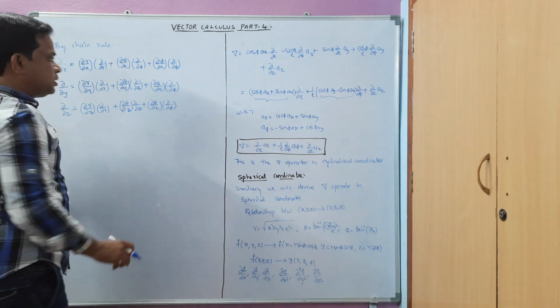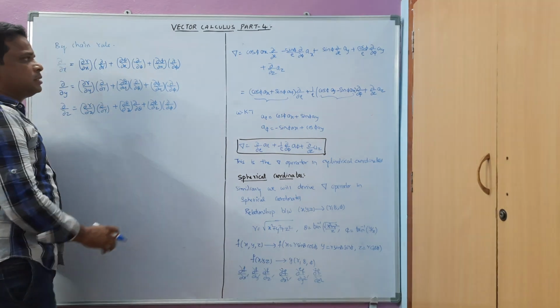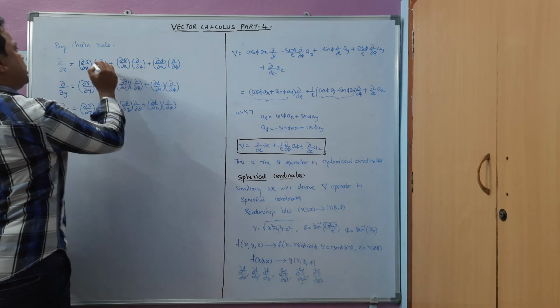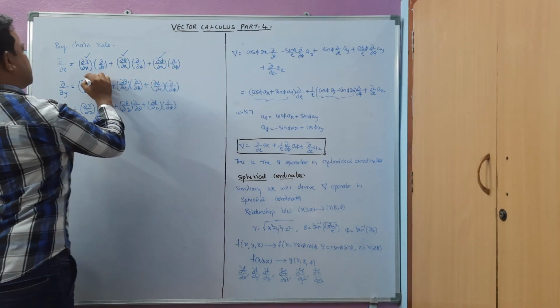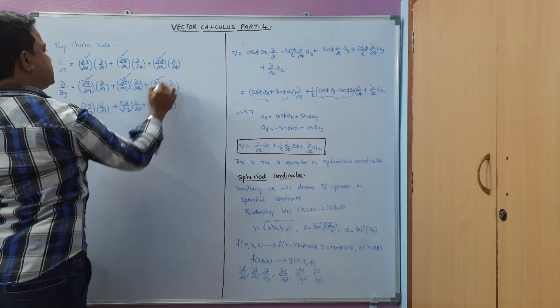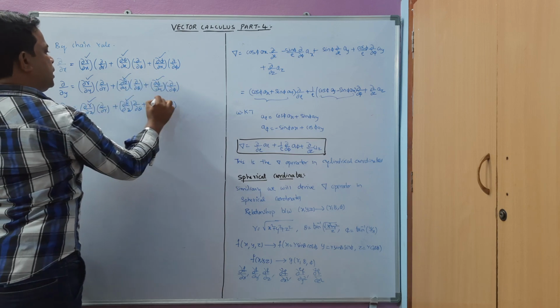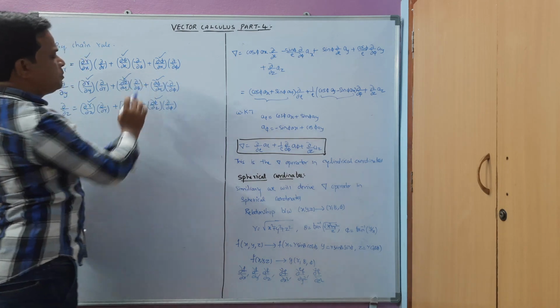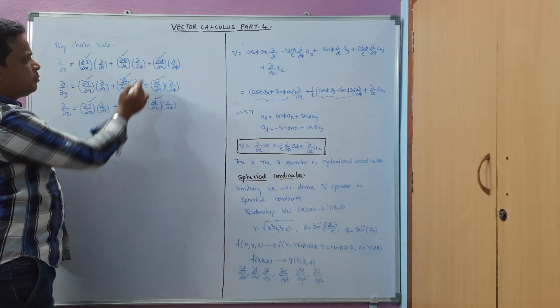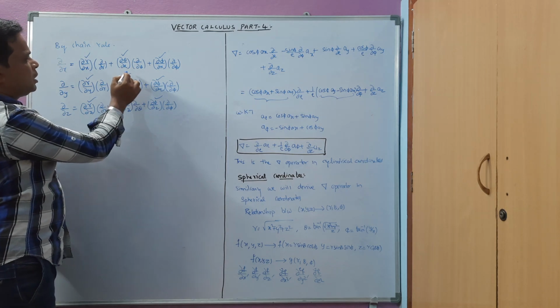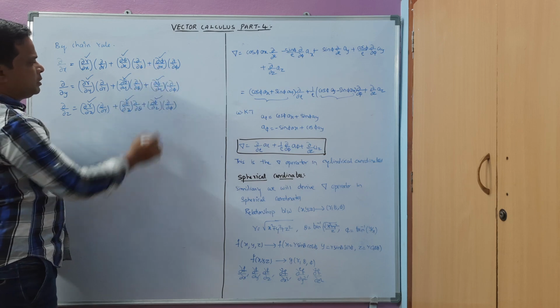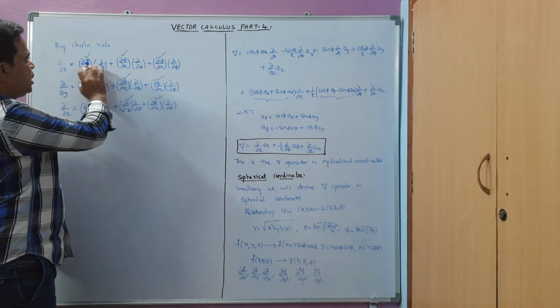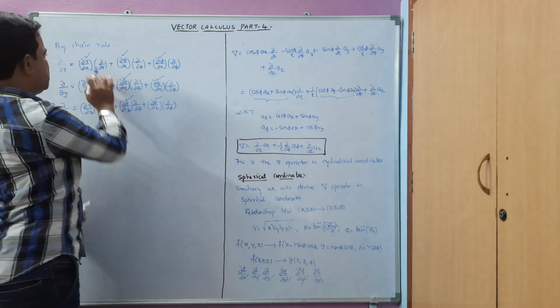Okay, now in this we have to derive these 9 terms: 1, 2, 3, 4, 5, 6, 7, 8, 9. We have already derived some of them, dou phi by dou y and dou phi by dou x, and after this we will derive the rest.